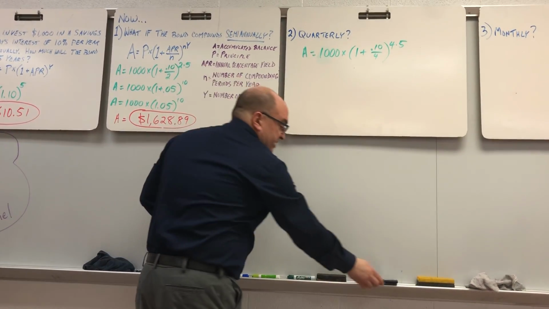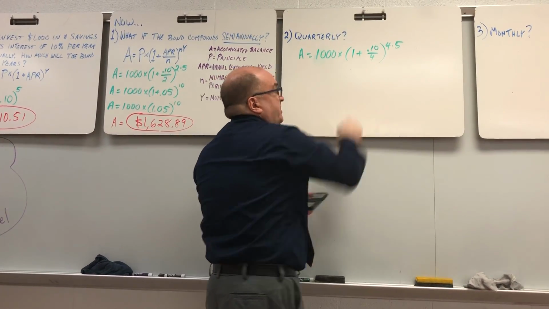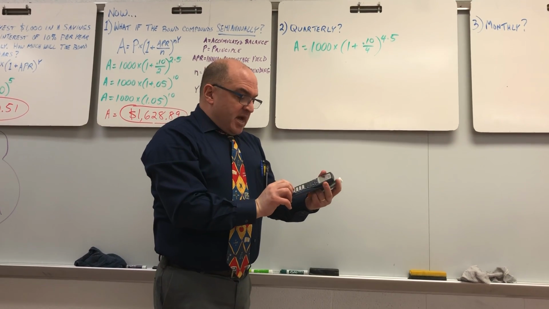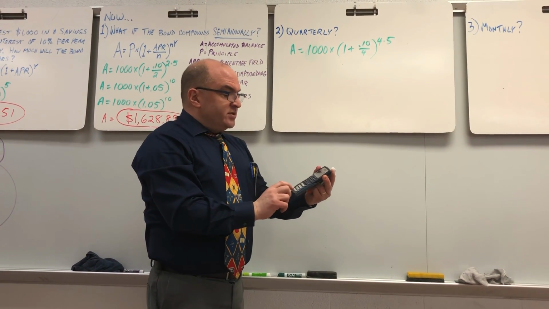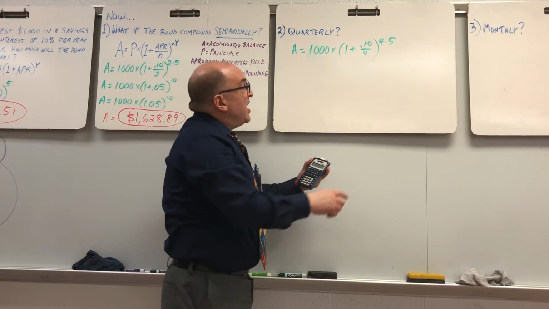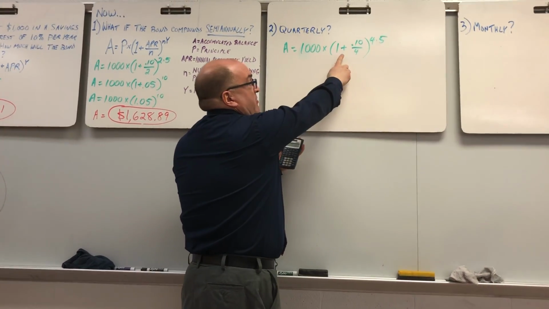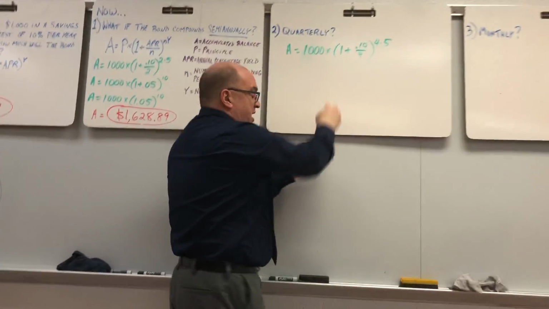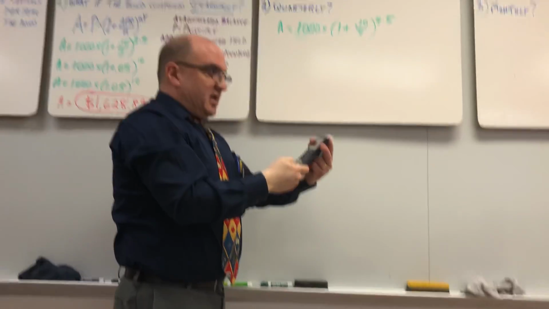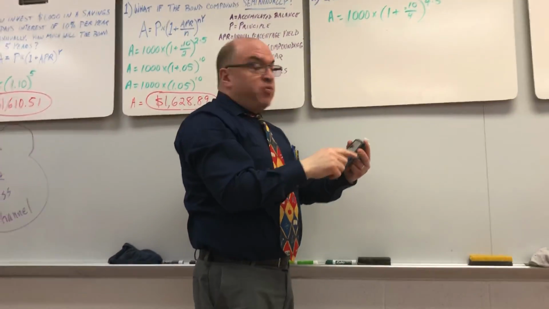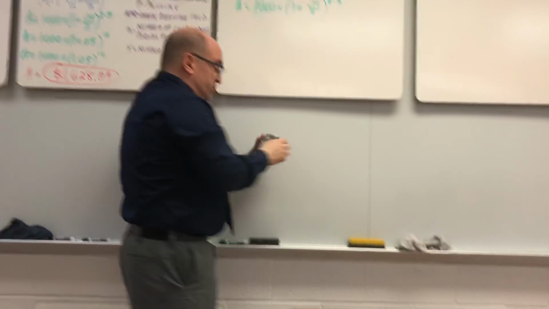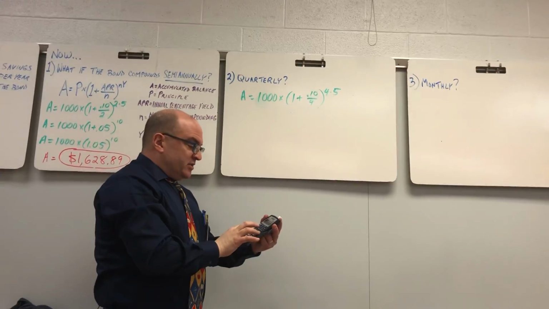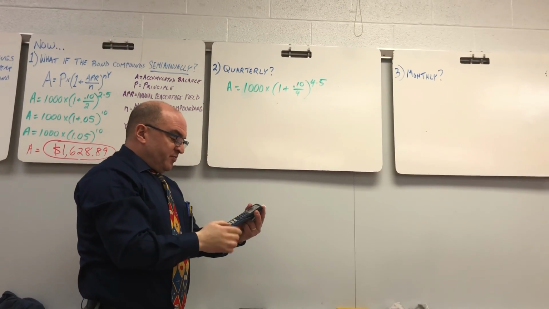Let's start with what's 0.10 divided by 4. On your calculator, do 0.10 divided by 4, hit equals, and you get 0.025. Now I'm going to add the 1, plus 1, hit equals. That gives me 1.025. And right now I'm going to hit to the 20th power.